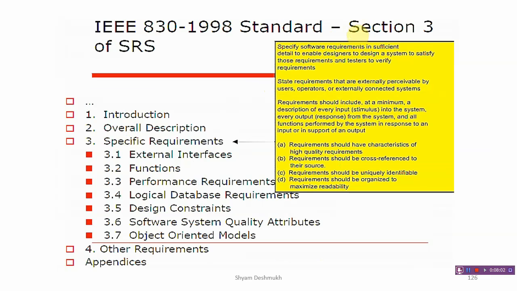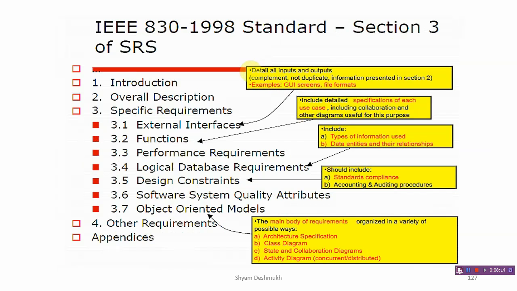Then Section 3 specifies the software requirements in sufficient detail to enable designers to design a system to satisfy those requirements and testers to verify the requirements. Next is the detail of all inputs and outputs, like components with information details of all inputs and outputs such as GUI screens, file formats, etc. It includes details of the specification of each use case, including collaboration and other diagrams useful for this purpose.